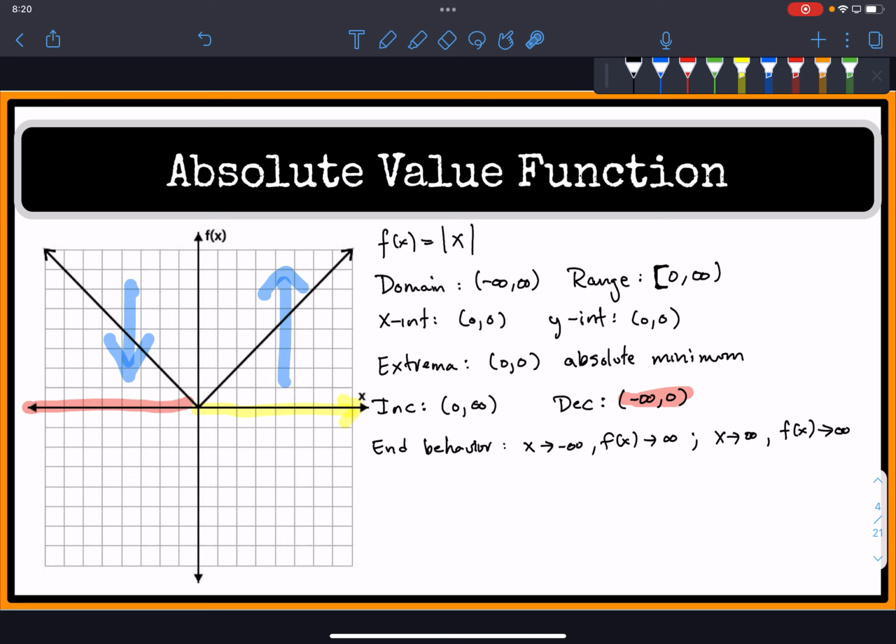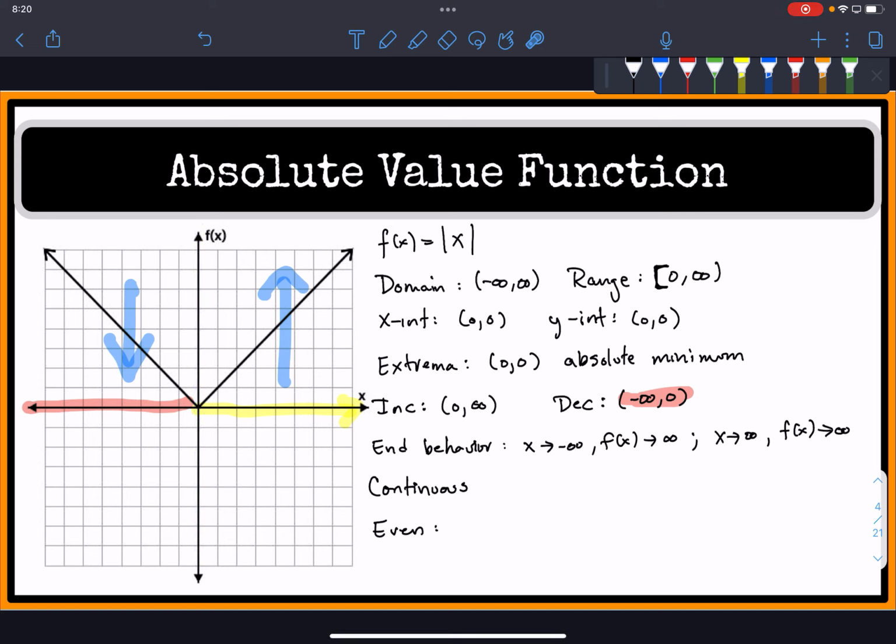Then we have discontinuity. In terms of discontinuity, there is none. This function is continuous. Again, there are no holes, no gaps. And this function right here is referred to as an even function. You can tell it's even because it's symmetrical through the y-axis.